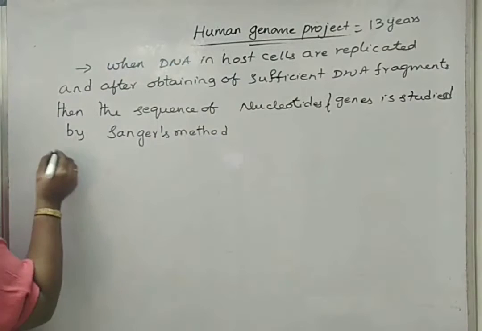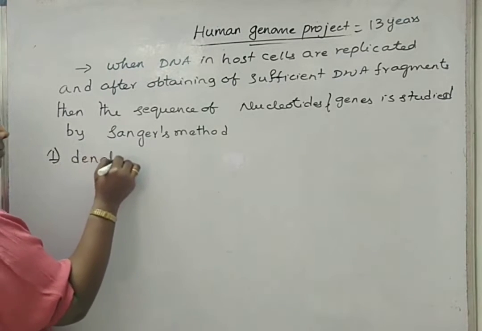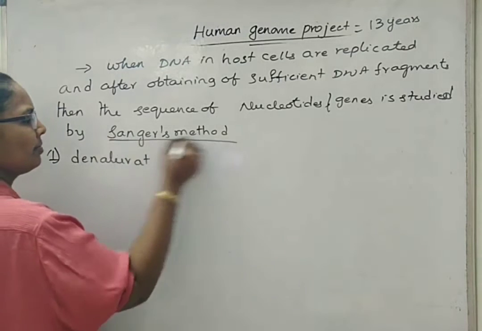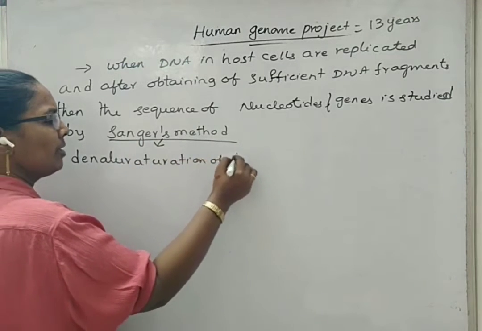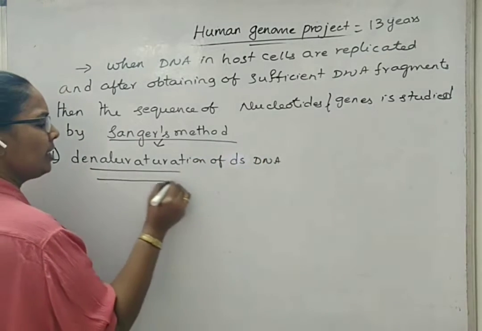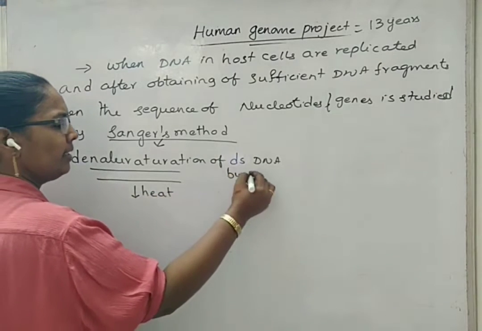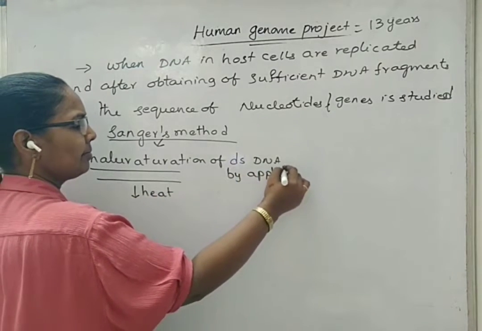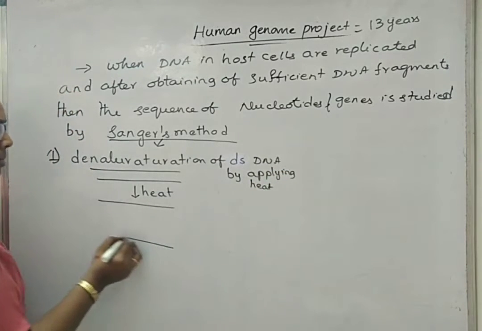In Sanger's method, the first step is denaturation of double-stranded DNA. When heat is applied to the double-stranded DNA, the strands become unwound.